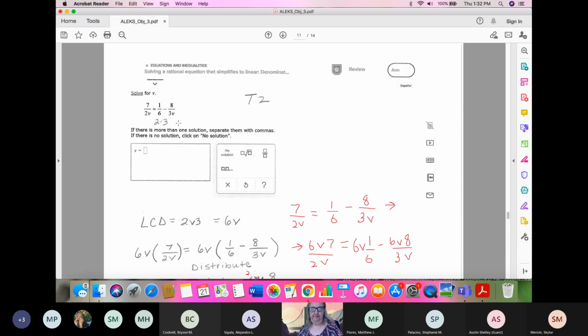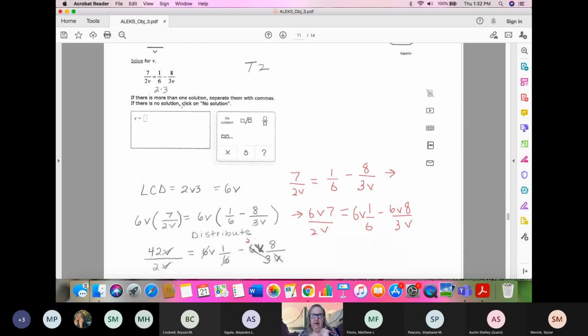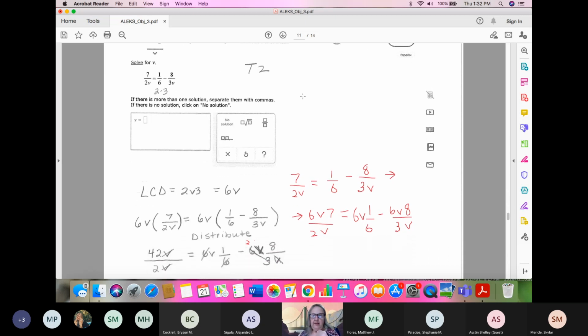So let's look here at what we need to do. Find the least common denominator. That's probably the biggest step of all. When you're finding the least common denominator, take the first denominator that you see and just copy it down.